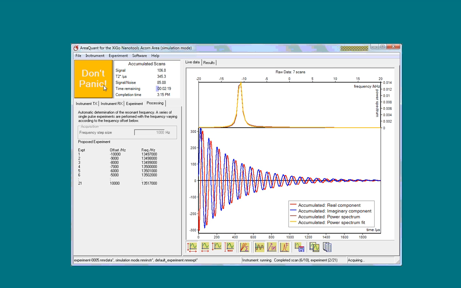If I just click Stop here for a minute, you see that the offset from what it believes is the actual resonant frequency of the RF pulse is 1 kilohertz, and it's constructed a series of 21 different values.